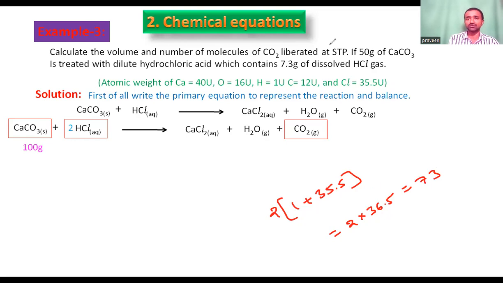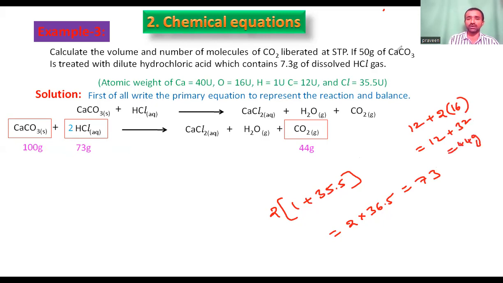So here 2HCl will give you 73 grams. On the right side, I need only carbon dioxide, CO2, C plus O2. So C is 12 and 2 into 16 will give you 12 plus 32 equals 44.